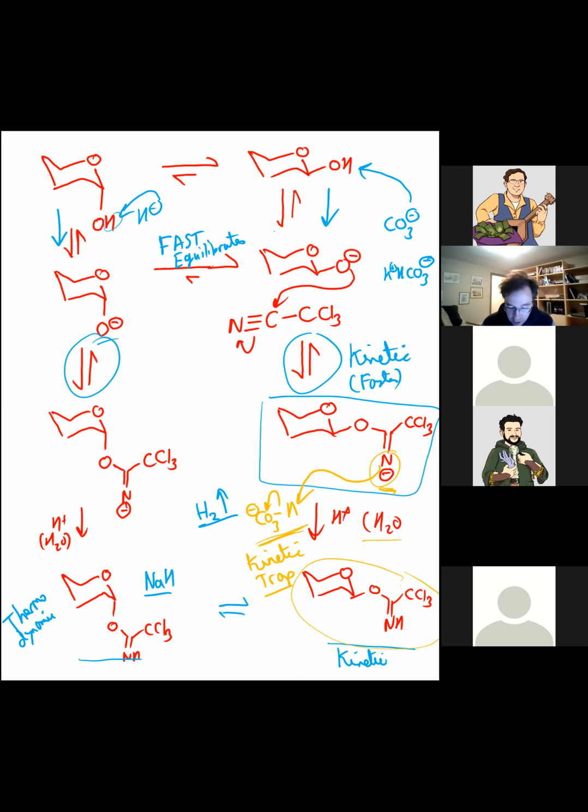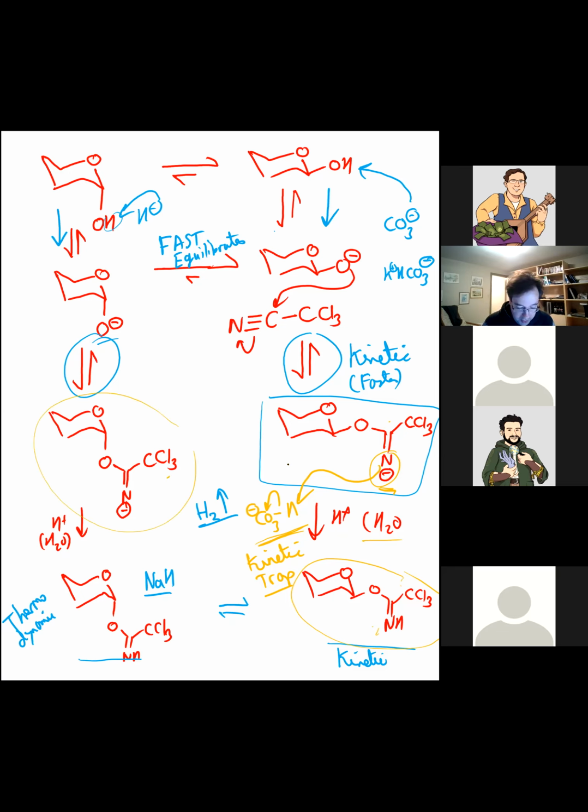Once it's made that product, that's it. It can't go back. Potassium carbonate can't deprotonate that NH. We're done. We're making this guy, and as it's made, it's transferring over pretty quickly. Whereas with sodium hydride, we don't have that proton available. So we make this, it sits like this, and it goes, you know what, I'm going to try something else. Folds back over, and sits like this.